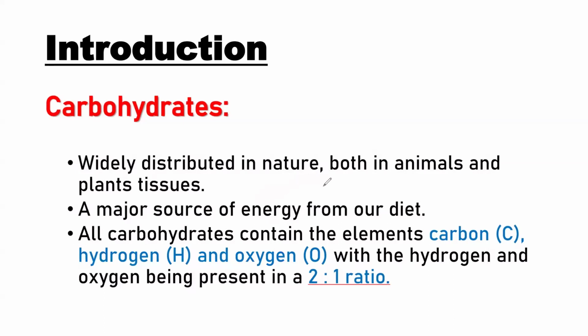So naturally, carbohydrate is widely distributed in animals and plant tissues. It means that this carbohydrate can be found both in plant and animal tissues. We found this carbohydrate naturally in plants and animals.